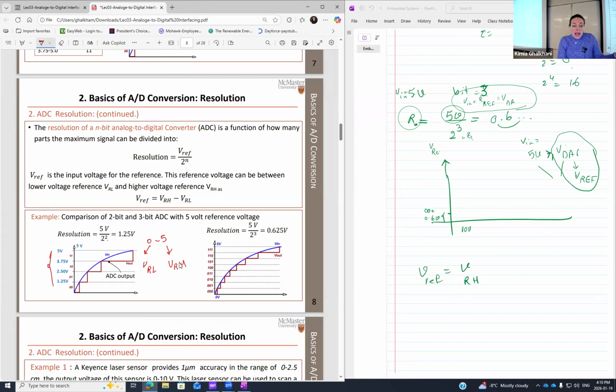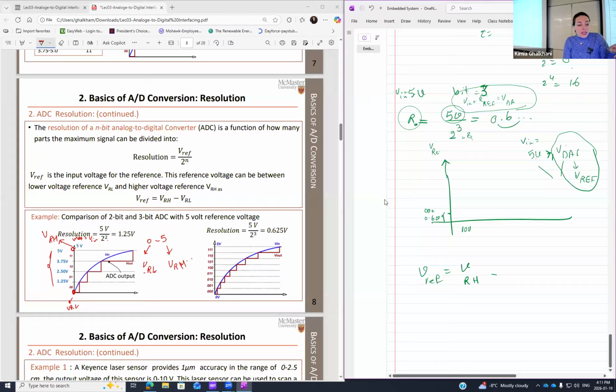So I have the maximum and minimum of reference voltage. Minimum means I'm going to start from 0 in here. This is my V reference low, and I'm going to end up at V max if this is my max, and max is equal to V in, therefore my VRH is in here. So all of them, if I consider the max, are the same. Now makes sense? So now to calculate VREF, I have to have this maximum.